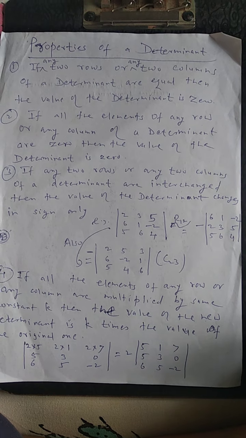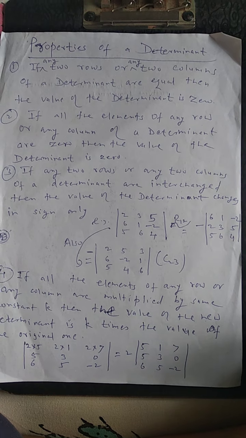Or any 2 columns, suppose we interchange the second and third column, that we denote by C23, then also we are getting the same result, that is the values are same, only change in sign. So that is the third property.